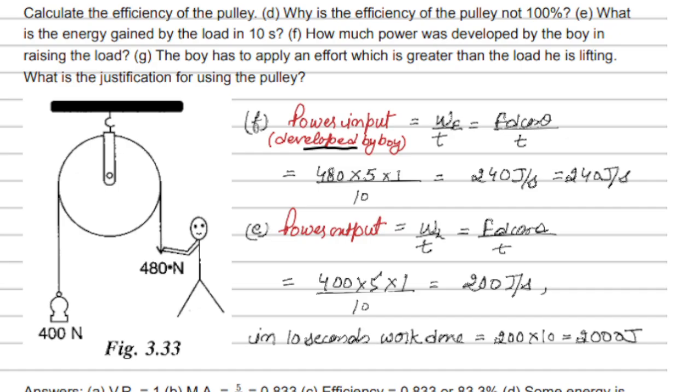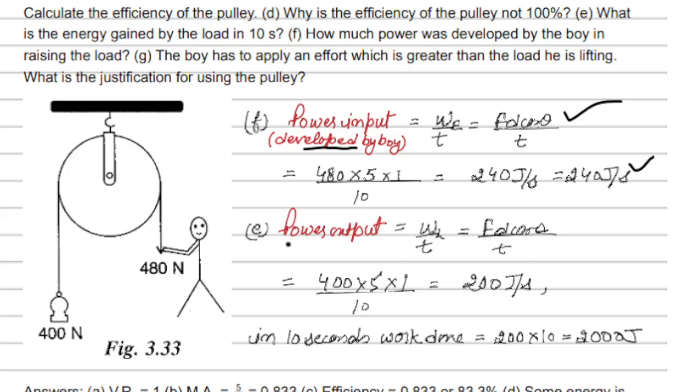The force is also downwards, and the displacement will also be in the downward direction. So we can use the formula of work done, F D cos theta, and the time is also given. It happened in 10 seconds, so we can calculate the power input, how much power we are giving in, which we'll be able to calculate as 240 joules per second.